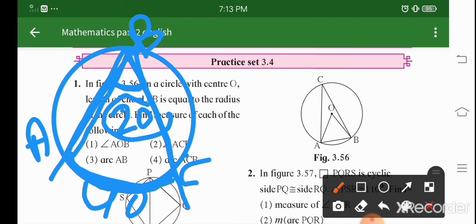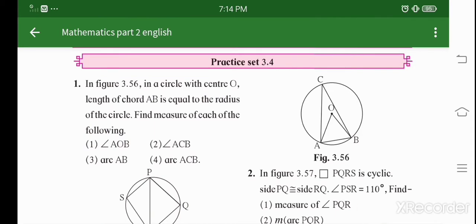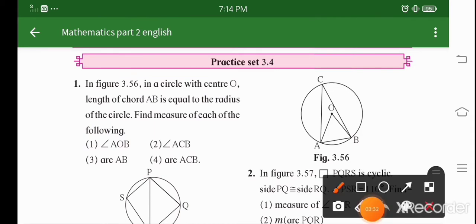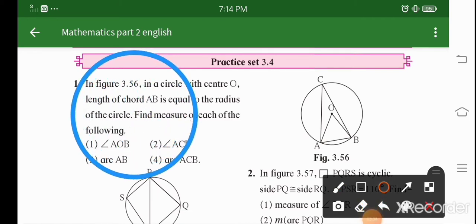Now we'll see some properties regarding this inscribed angle theorem. Suppose there is a diagram like this. Suppose a circle is there, and there is a point like this.